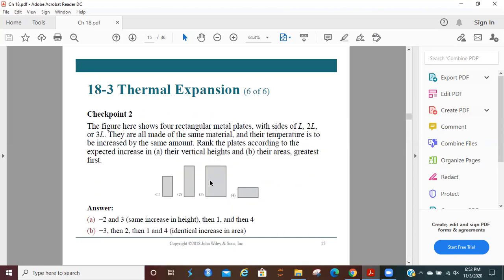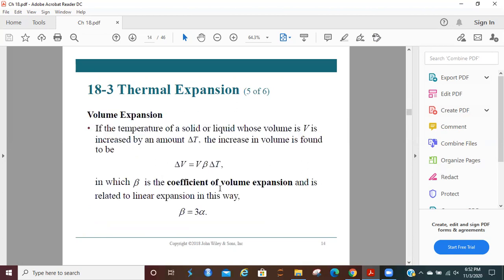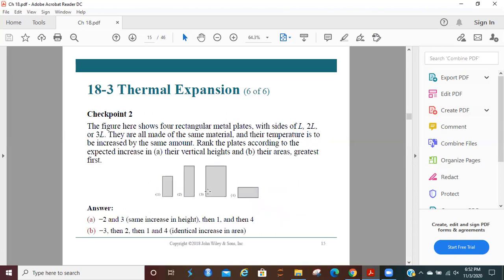And if they're all made of the same substance, this value is going to stay the same. So this value and this value are the same. The only thing that's going to change is the L. And since these two are taller than the other two, that's why 2 and 3 are listed. Don't pay any attention to that minus sign out there in the front. 2 and 3 are going to be changing the largest amount, followed by the next highest, and then followed by the shortest.